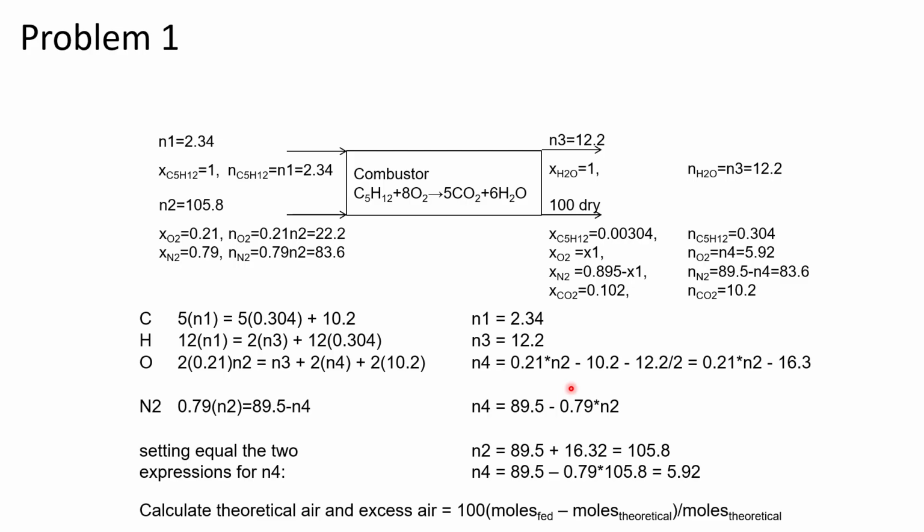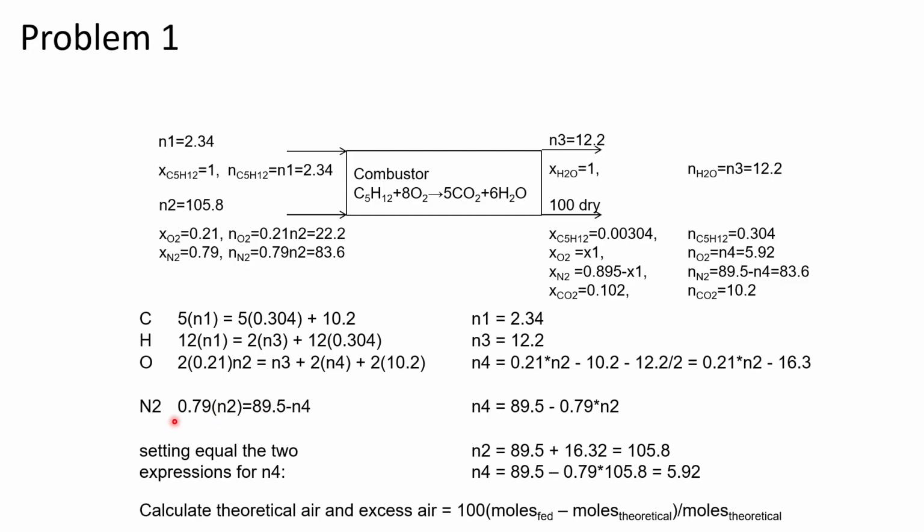And if we simplify this equation, we can rewrite this such that N4 is equal to 0.21 times N2 minus 16.3. That's just this equation rearranged to write in terms of N4 equals something. We could have written it as N2 equals something, but I'm thinking ahead to the nitrogen balance, and with the nitrogen balance, it makes it a little bit easier if we solve this for N4 equals something.